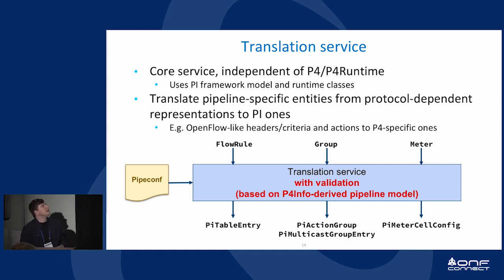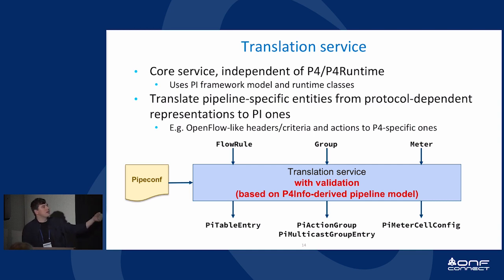You have matching capabilities on specific standard headers, and the action API really looks like OpenFlow, in which for a given flow rule you can specify a list of actions, which really doesn't work well with P4. In P4, instead, it's closer to the hardware, where for a given match you can only execute one action. That action can have multiple parameters, but there's no such thing as combining different instructions or primitives at runtime. So we have translation services that serve the purpose of translating what we call protocol-dependent ONOS entities to protocol-independent ones.